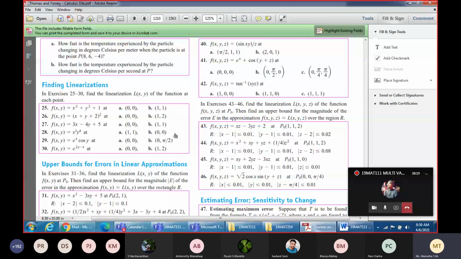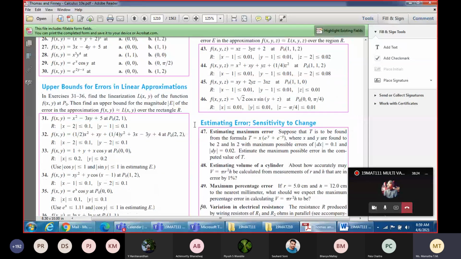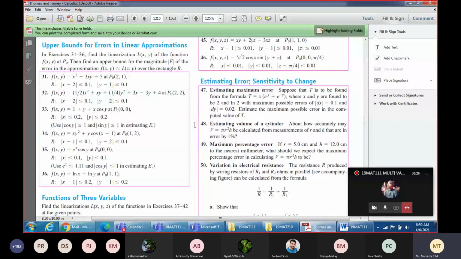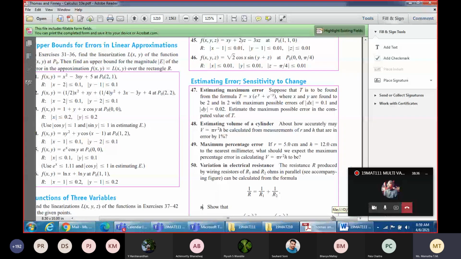Now we go for the next set of problems, that is the changes in the function. Problem number 47 to 50. We are going to discuss problem number 47, 48 and 49. You just tell me what the changes are.